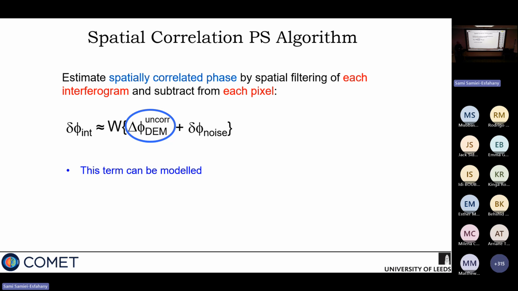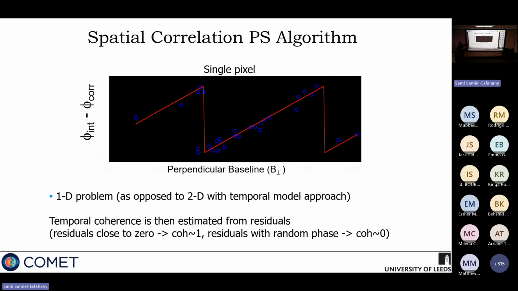As before, you can model this DEM error, or the uncorrelated part of it, as I showed you before. So again, it's the same plot. You have a perpendicular baseline, and here I'm plotting original phase minus the correlated phase, and you get something like this. This would be a good pixel, whereby once you've fitted your straight line with wraps through it, you've got very small residuals.